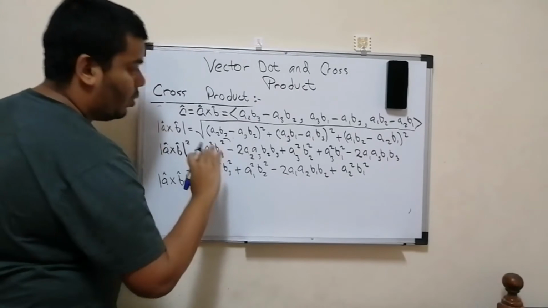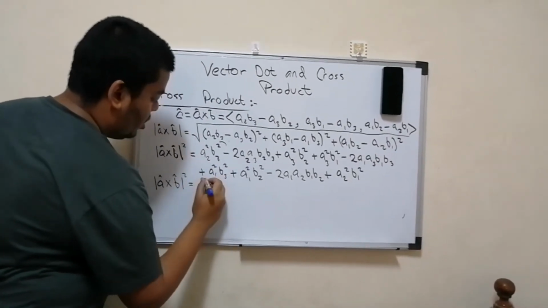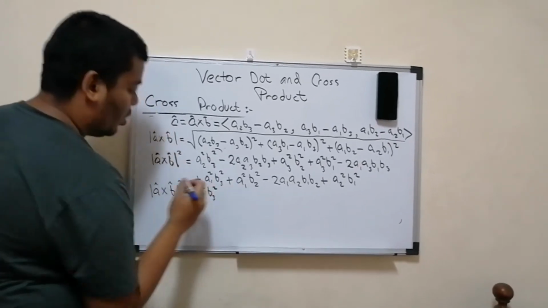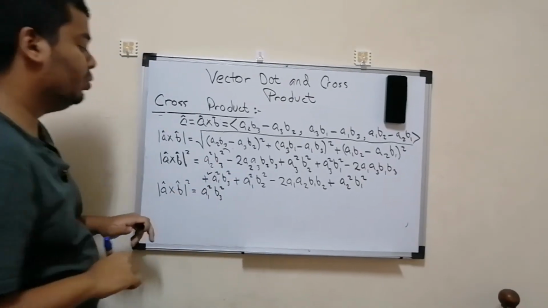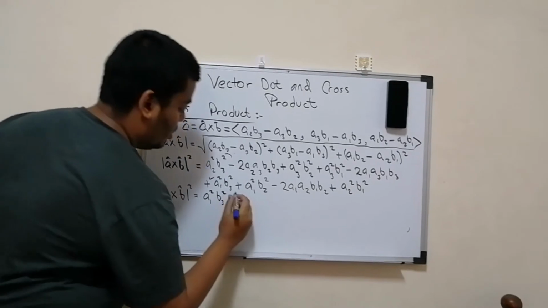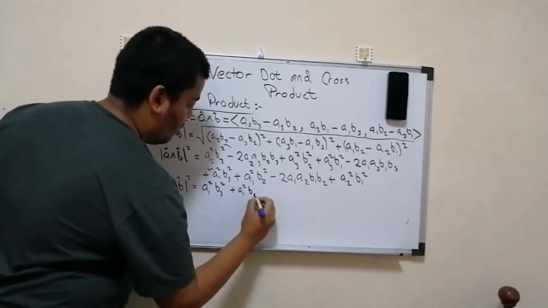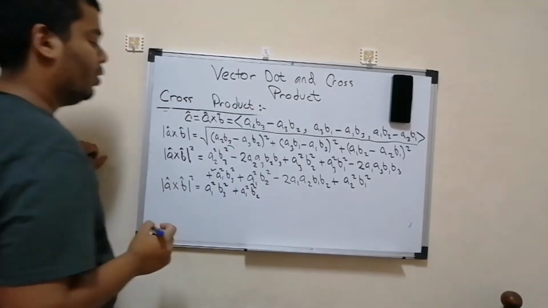I'll write only the A1 square terms first: A1 square B3 square. I'll put a small tick mark so I don't lose track, as there are a lot of terms. Plus A1 square B2 square.